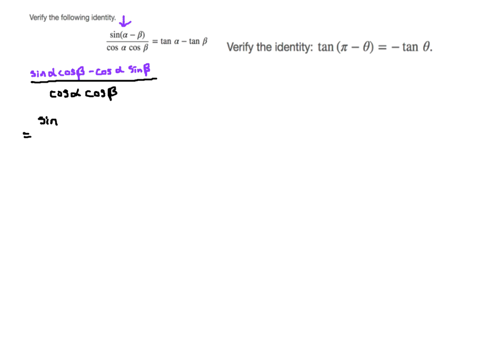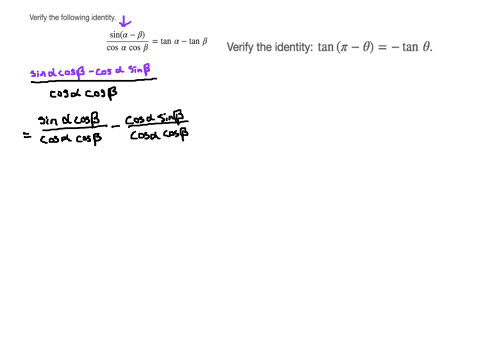So this is the same thing as sine alpha cosine beta over cosine alpha cosine beta minus cosine alpha sine beta divided by cosine alpha cosine beta.